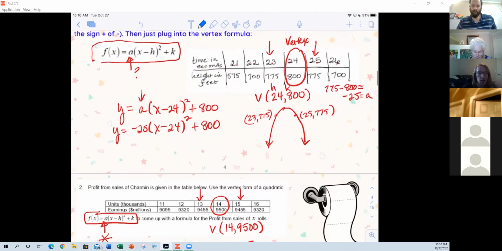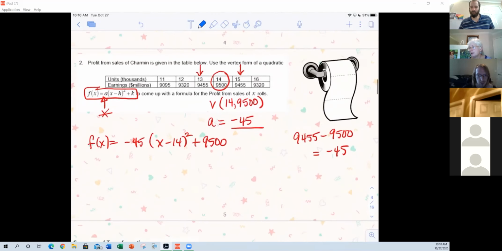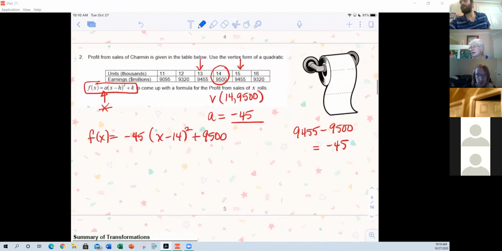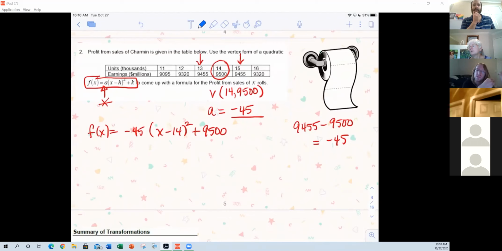Okay, so with this one you just have to recognize the pattern. It's like if you're looking for where it starts going back down or where it starts going back up. If you go between your Y's and put a little arrow, and you go up between the 9095 and the 9320, you'll draw an up arrow.